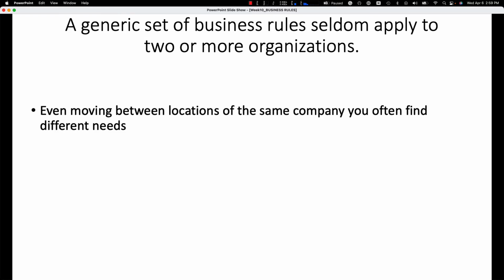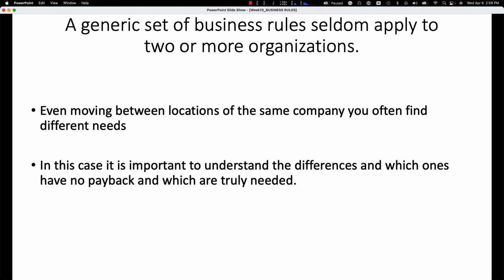Even moving between locations of the same company, you often find different needs. In that case, it's important to understand the differences and which ones have no payback and which are truly needed and have economic value. But anytime you have somebody who says, we wrote this code and it will work everywhere, you've met a fool.